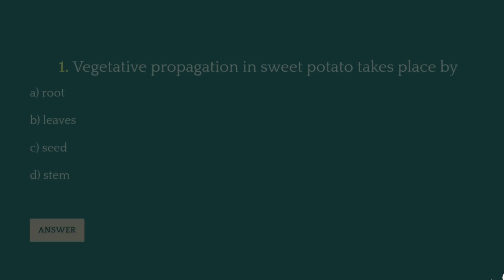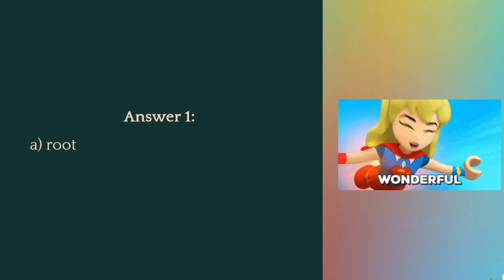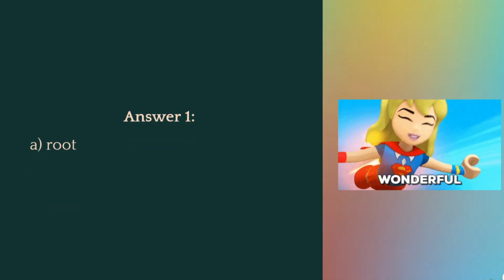The first question is, vegetative propagation in sweet potato takes place by, and the options are A, root, B, leaves, C, seed, or D, stem? The correct answer to this question is A option, that is root.